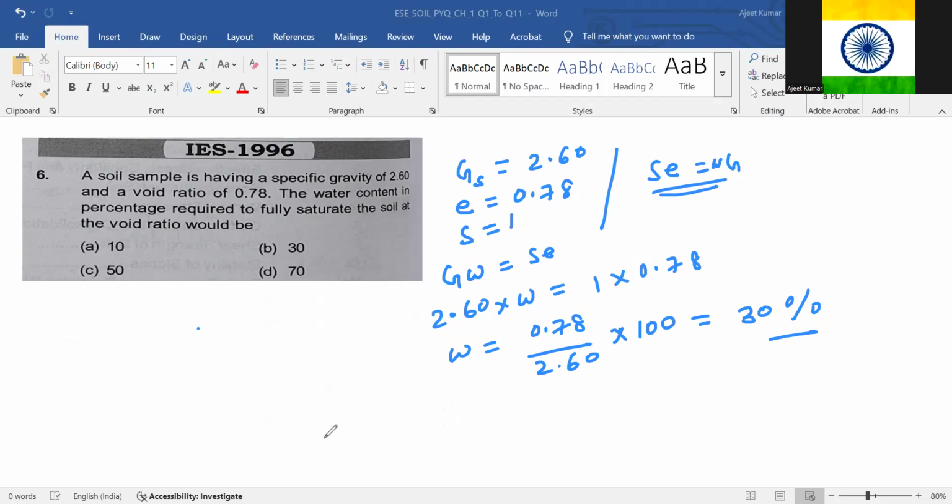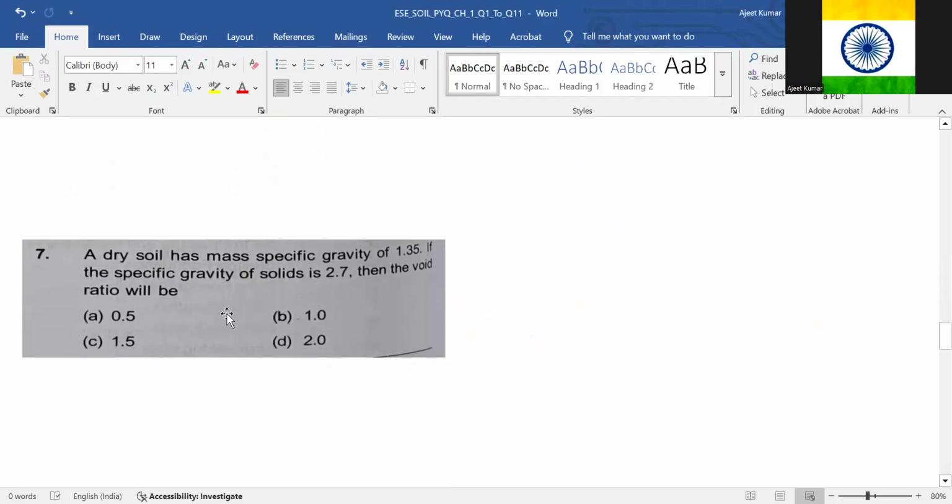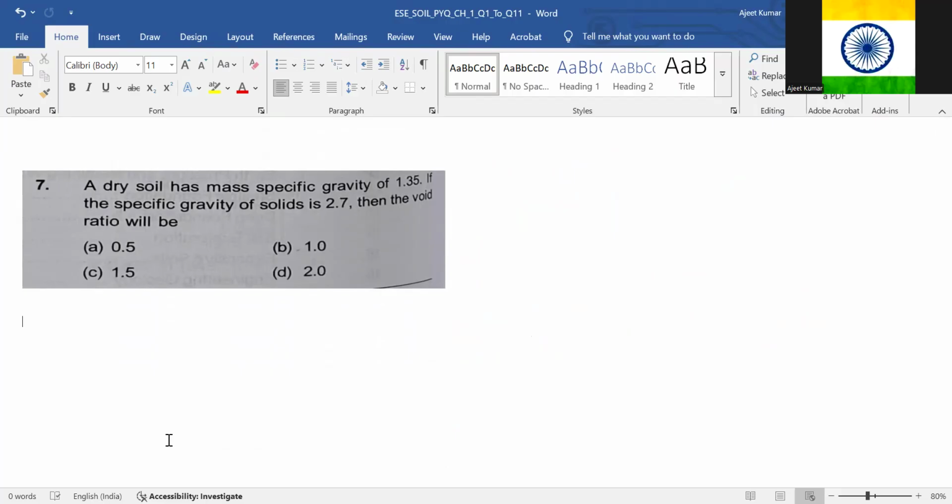So the next question is question number 7. Question number 7 is saying a dry soil has mass specific gravity, that is Gm, equal to 1.35.